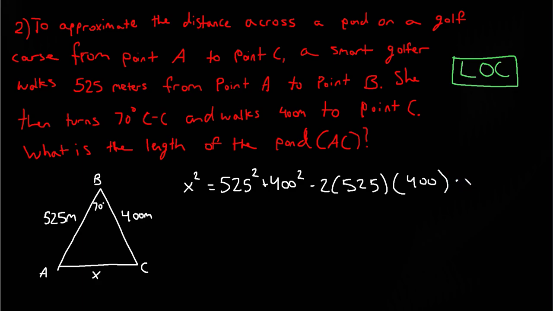So we're going to do that times the cosine of 70. And these questions are rather easy because you can basically plug this whole equation into a calculator and it'll give you the answer for x squared. So we're going to have x squared is roughly equal to, then let's plug it into our calculator.